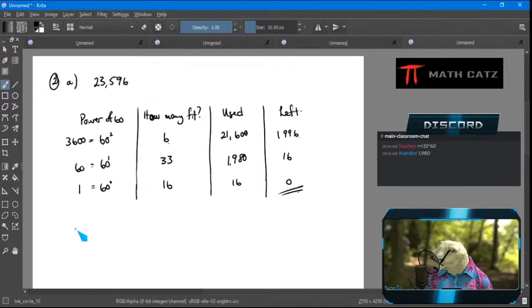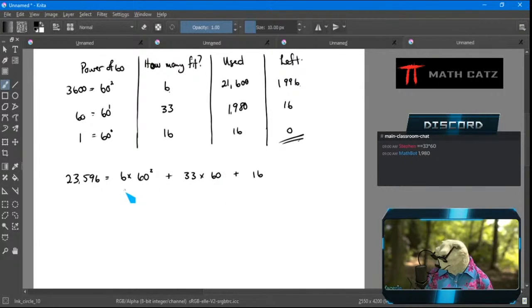So let's write it underneath here. So what I have is 23,596 is 6 groups of 60 squared plus 33 groups of 60 plus 16 ones.